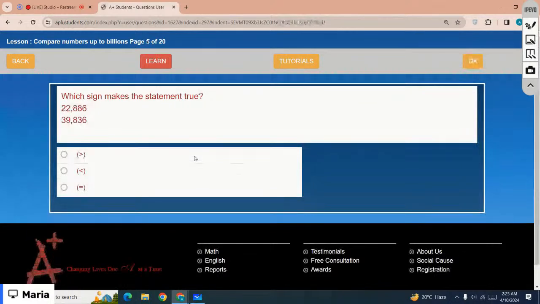Which sign makes the statement true? 22,886, and you have to compare 39,836.